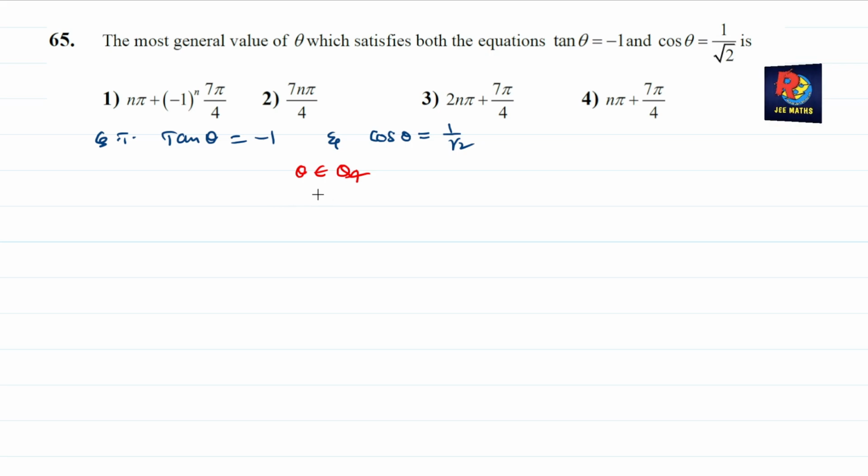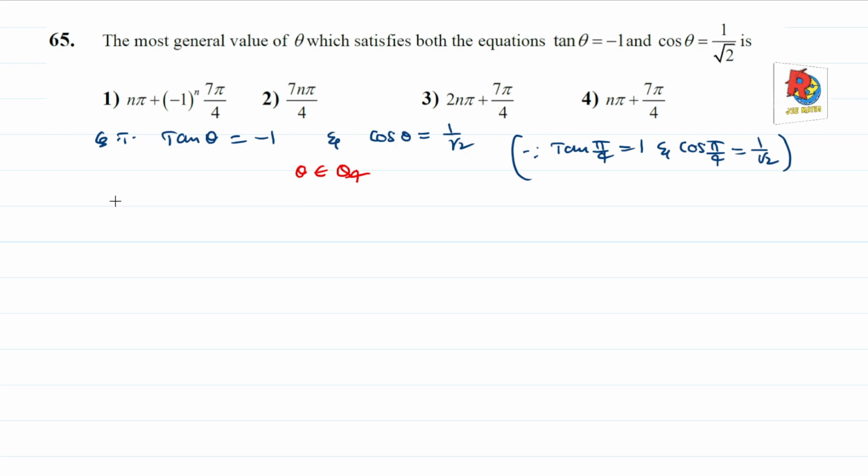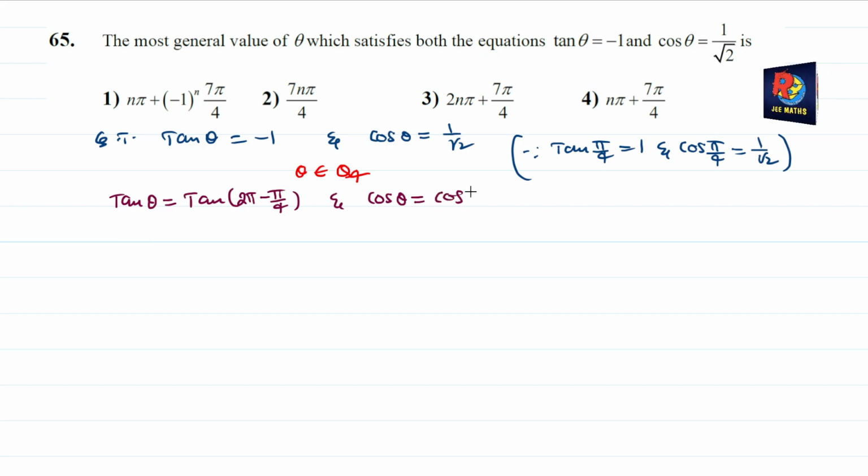If you go for the Q4, and moreover you need to remember in fourth quadrant I can write the values will be like this, tan of 360 minus theta, theta means here pi by 4, and cos also like this only, cos of 360 minus theta.